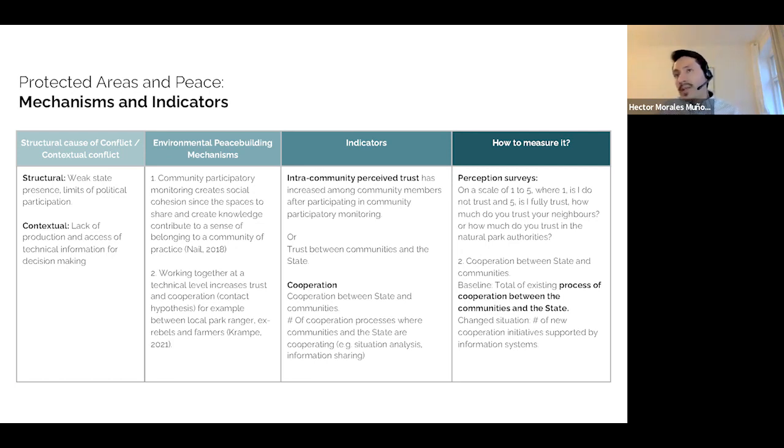And the expected outcome is to conserve forests, to enhance the quality of natural resources, and also to create conditions to improve local communities' well-being and trust.